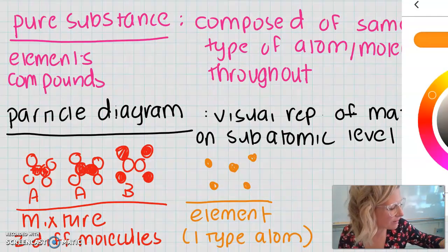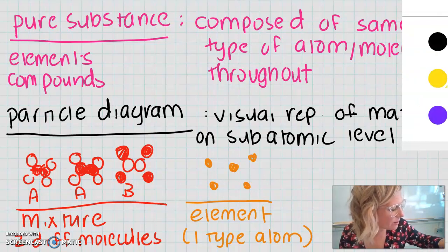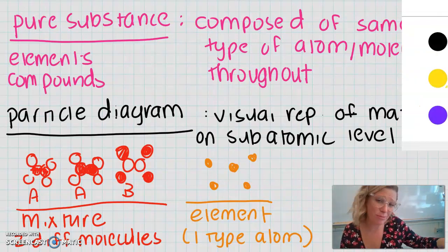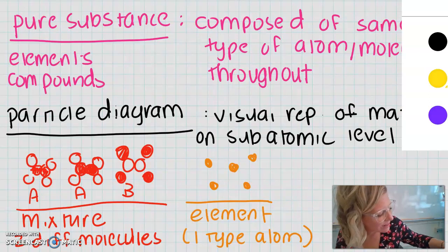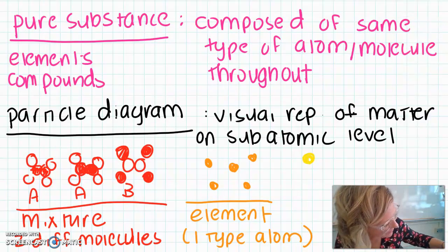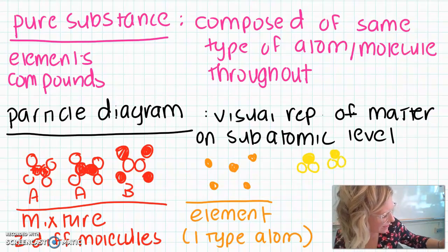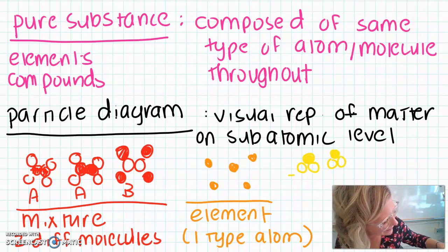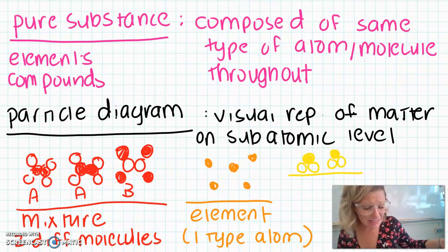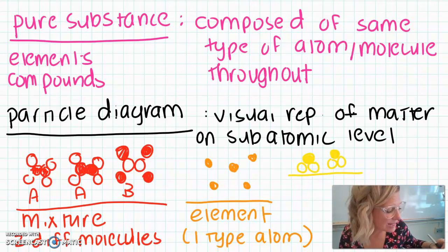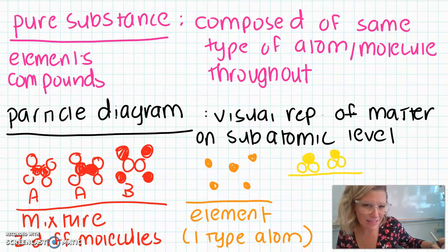That leads us to our last particle diagram, which by process of elimination we can probably guess. But let's go ahead and talk about it. We have a bunch of this. We have at least two, but definitely way more than that, of this molecule right here. It is the same throughout. You'll notice that they are all stuck together, so that represents a chemical combination, and they are identical.